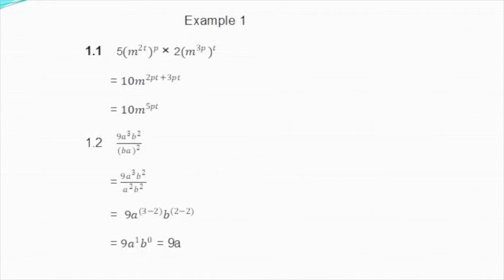So we are going to have 9a exponent 3 minus 2 and b exponent 2 minus 2. So therefore we are going to have 9a to the power 1 and b to the power 0. Remember, the definition says b to the power 0 must be 1. And 9a to the power 1 is 9a. So therefore, 9a times 1 will give us 9a.